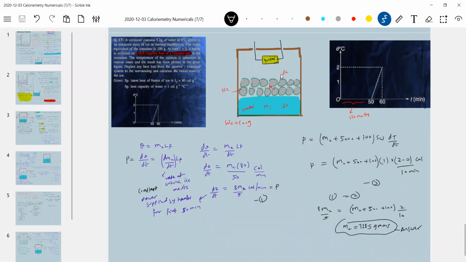Now we have done the calorimeter. Next, one more condition, I'll bring it.